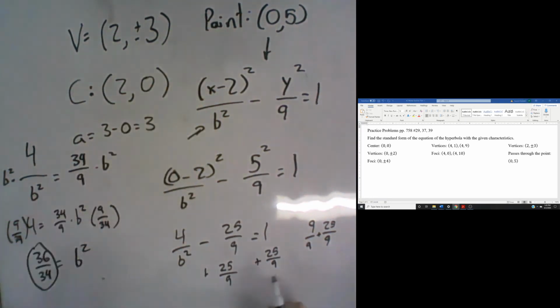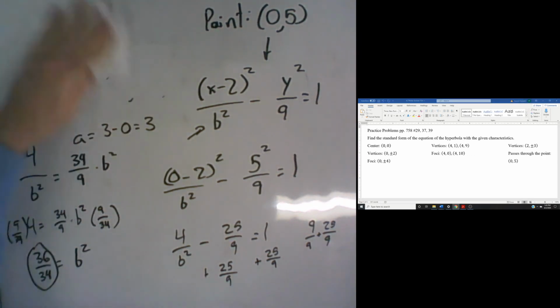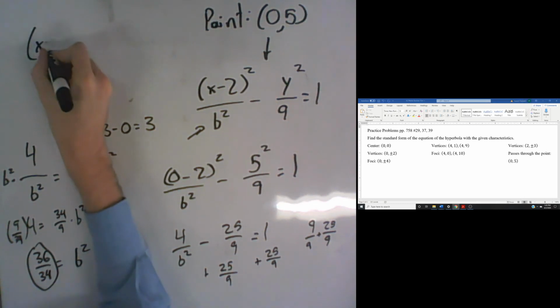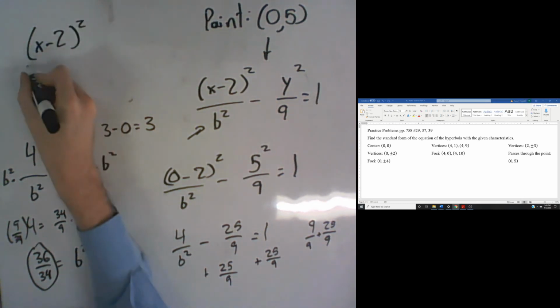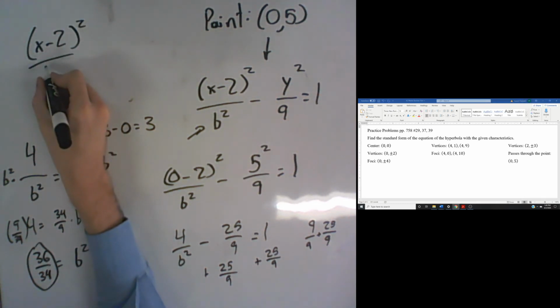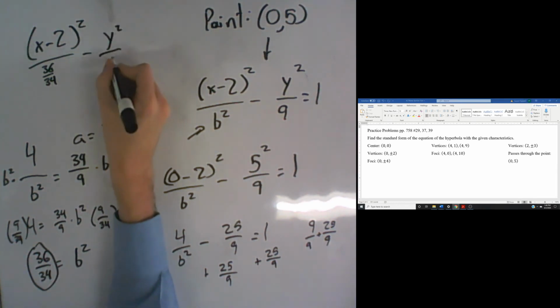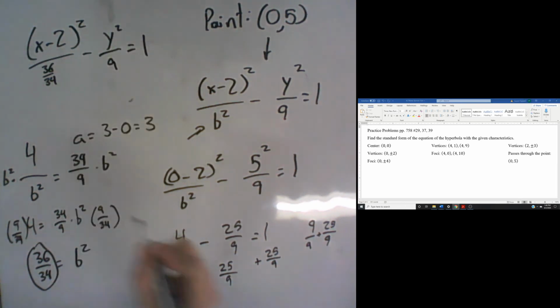So our final answer is going to be (x minus 2) squared over 36 over 34, minus y squared over 9 equals 1. Okay, so, real quick, I did the harder one.